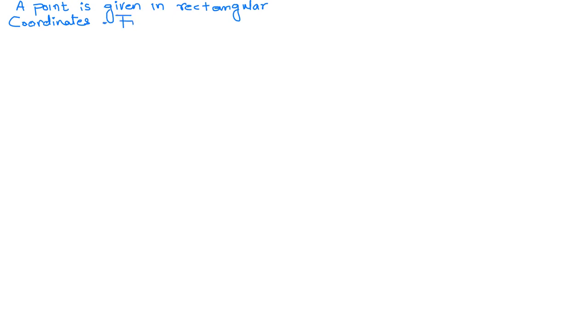We have to find two pairs of polar coordinates. Before, we found only one r and one theta. Now we have to find two pairs of polar coordinates for the point.